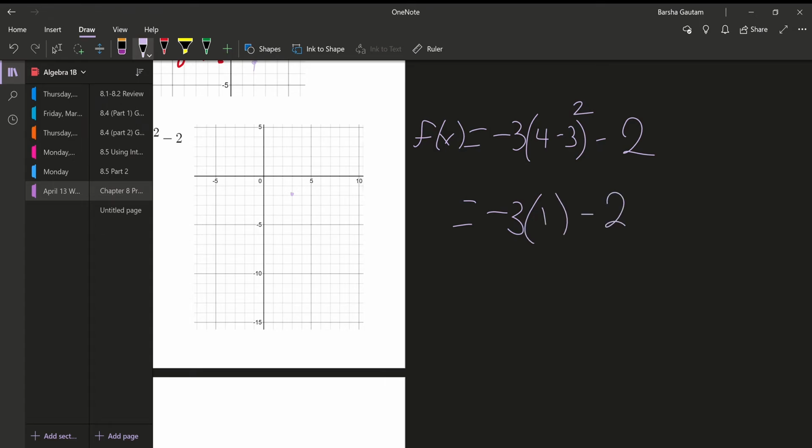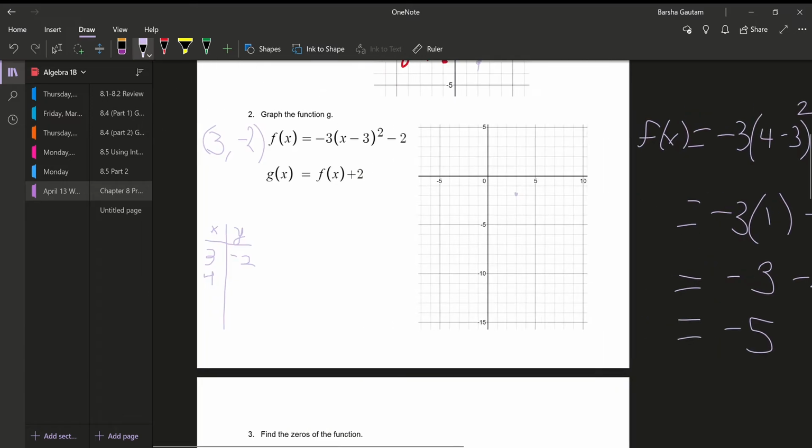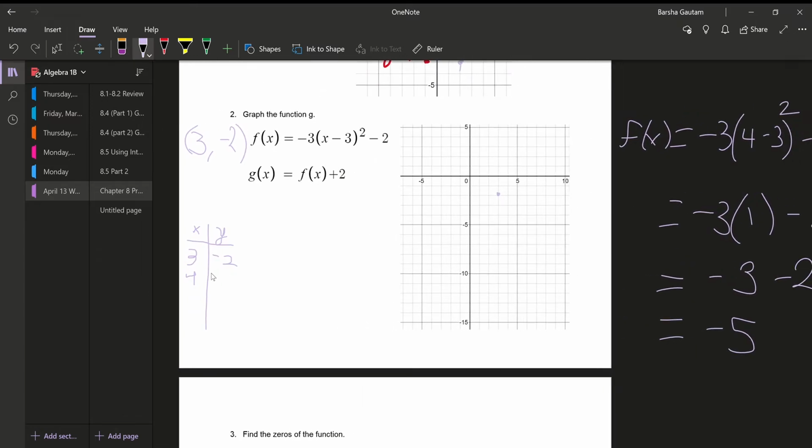And remember the rule of PEMDAS, we need to multiply before we add and subtract, right? So -3 times 1 is -3 minus 2 is equal to -5. So we're going to go ahead and write -5 in here.